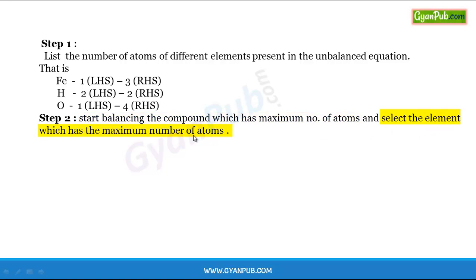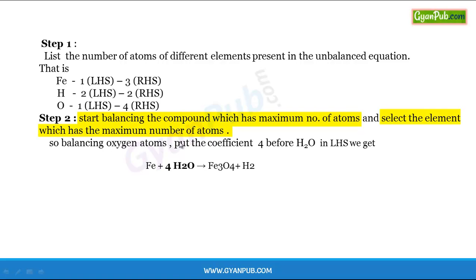Now the second step is to start balancing the compound which has the maximum number of atoms, and select the element which has the maximum number of atoms. The maximum number of atoms is in the compound ferric oxide. There are 7 atoms, and in that the element oxygen has 4 atoms.